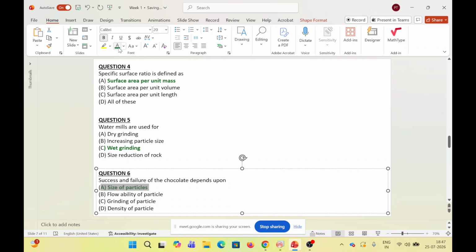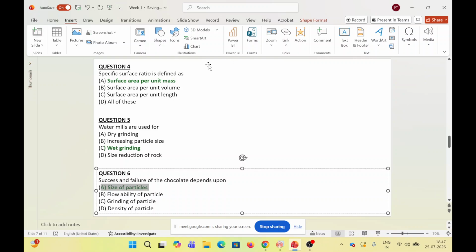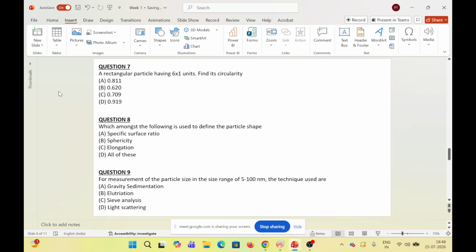Whereas if the particle size is not optimum, then you will not feel that level of taste that you will experience with the other one. So I hope there are no doubts with questions 4, 5, and 6. If not, we can proceed. No doubts.